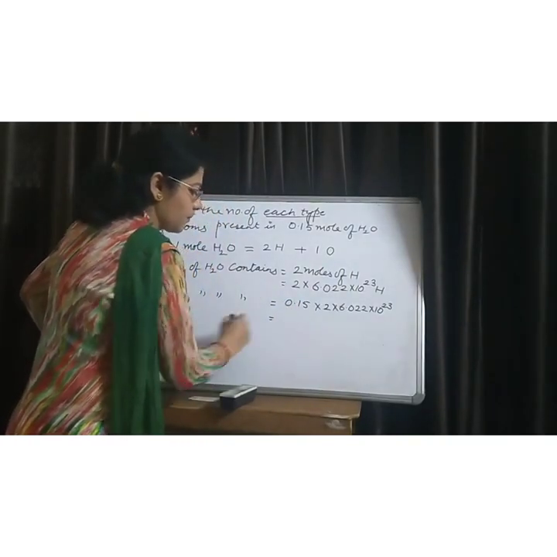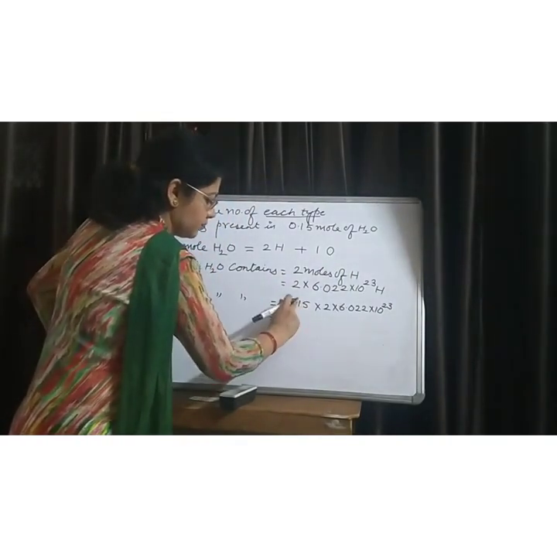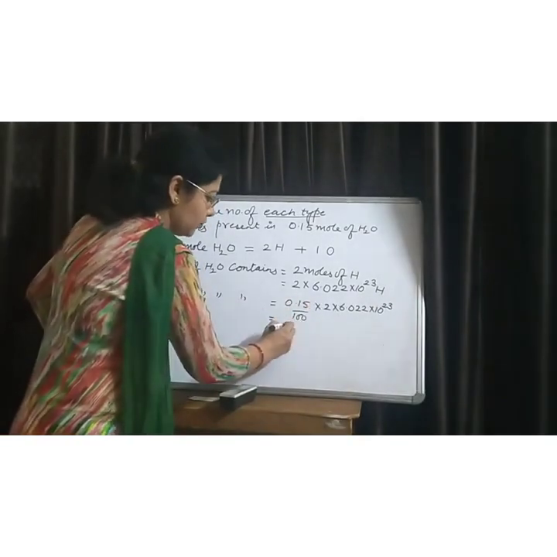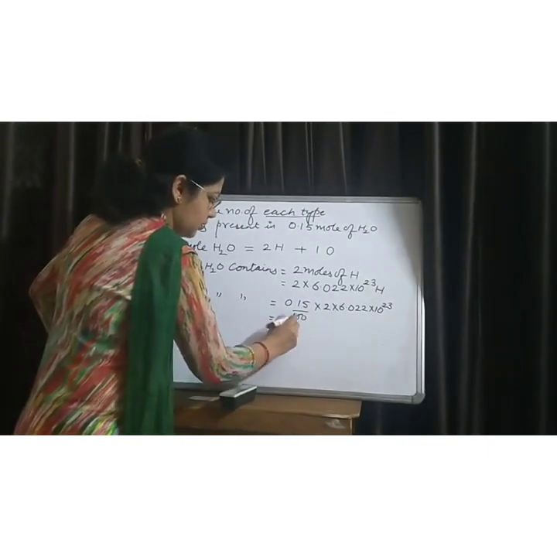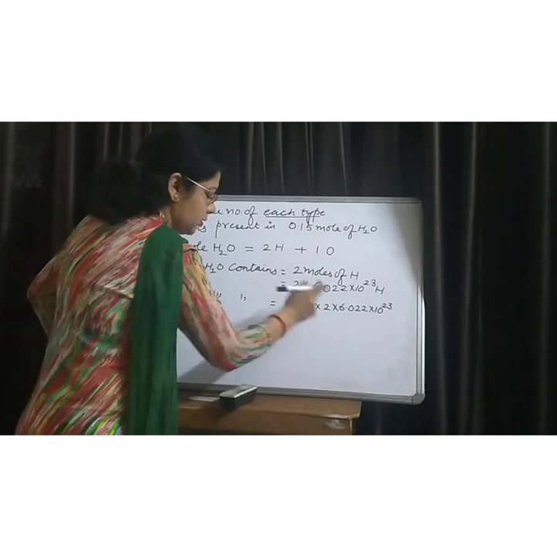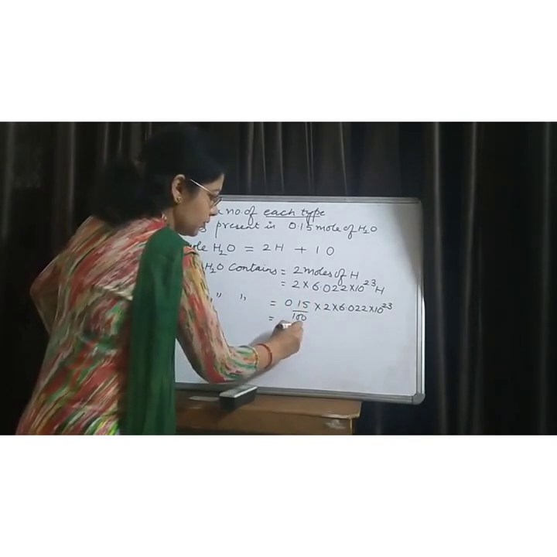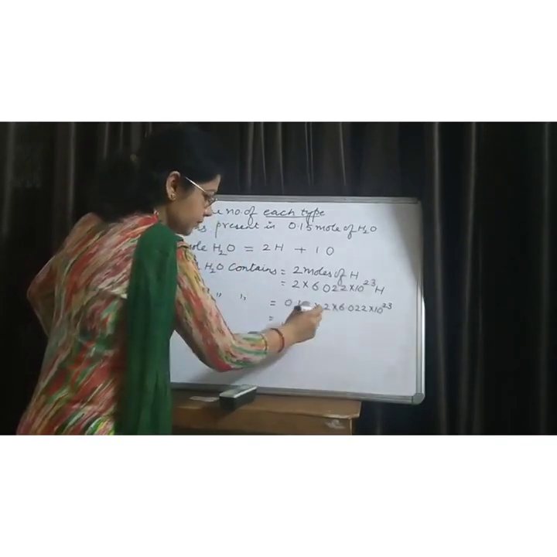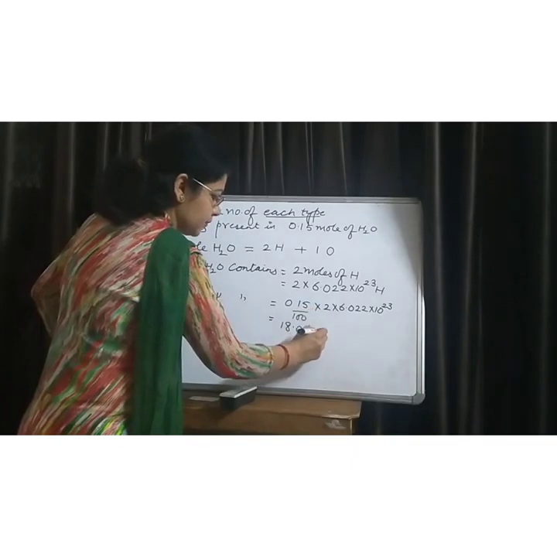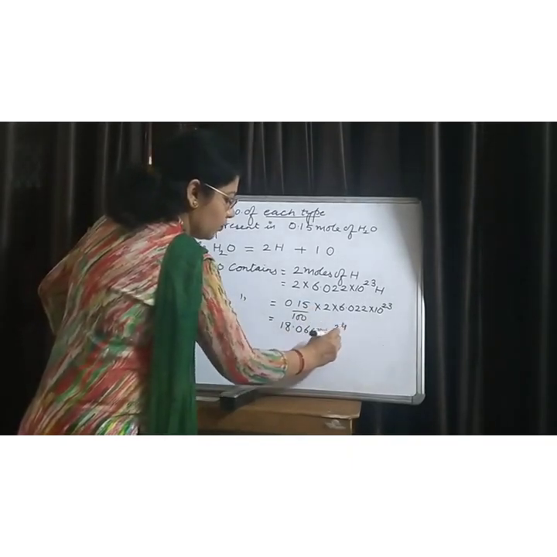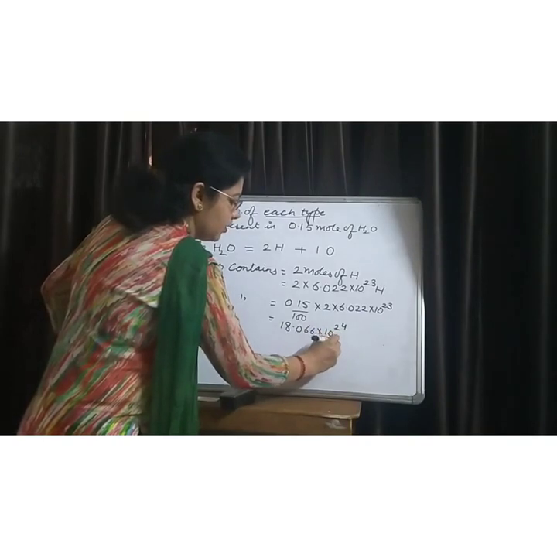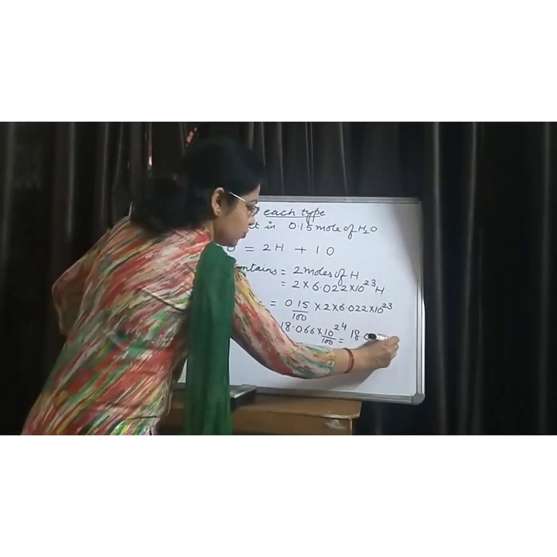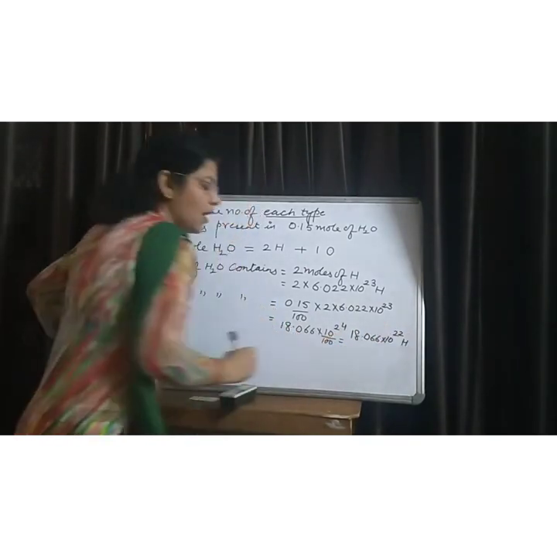That is 30 into 6.022, 18.066 into 10 raised to power 24 divided by 100, or 18.066 into 10 raised to power 22 hydrogen atoms.